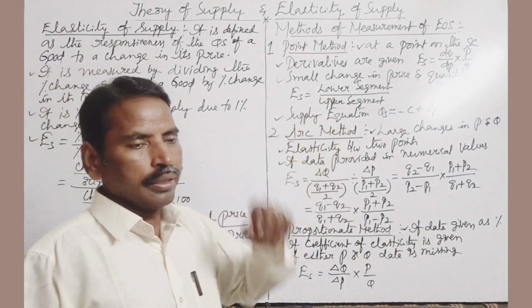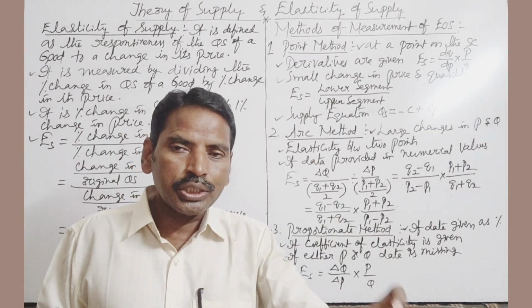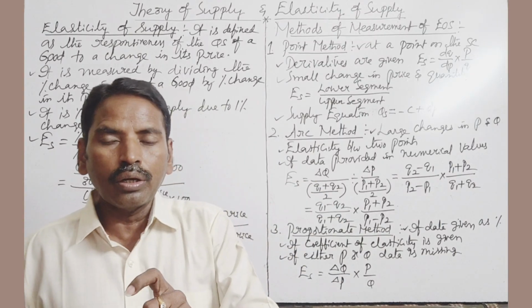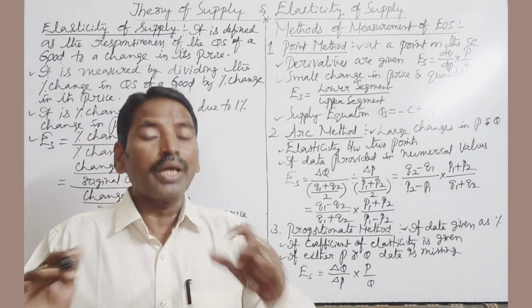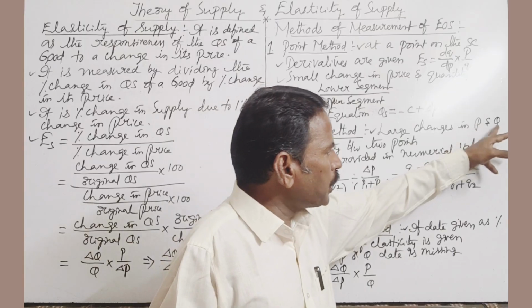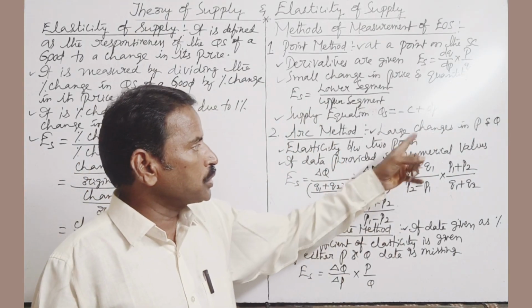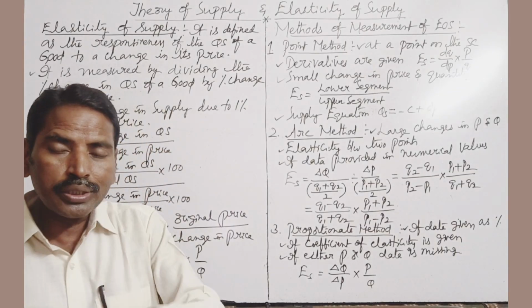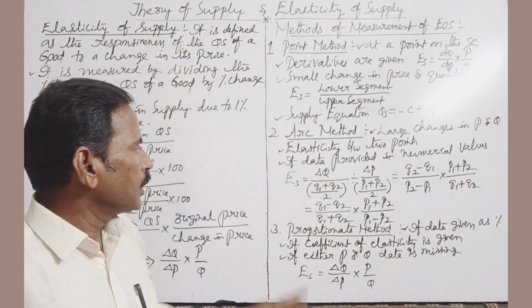2. Arc method, also called average elasticity method, also called midpoint method. So when arc method is applied, there are substantial changes in price and quantity, that means large changes in price and quantity. To measure price elasticity of supply, arc method is applied.